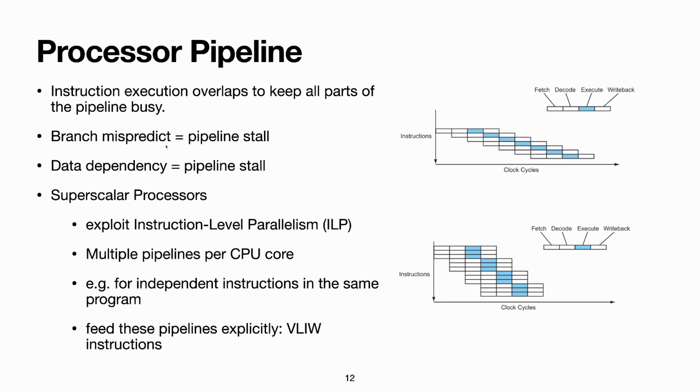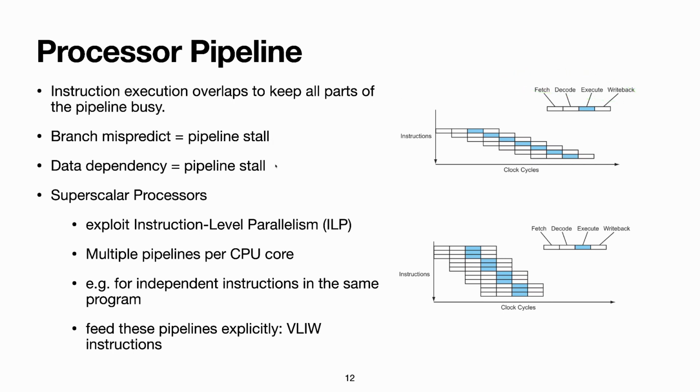If it turns out that the CPU was wrong, it will cancel the instructions, and canceling the instructions is actually easy, but the problem here is that the parts of the pipeline that were executing speculatively will be stalled, and they will be unused as we wait for the instruction from the actual correct branch to make it through. If you mispredict, you do useless work, and then when the actual instruction comes in, you need to wait, and you have some stages here that are doing nothing. So that's a pipeline stall.